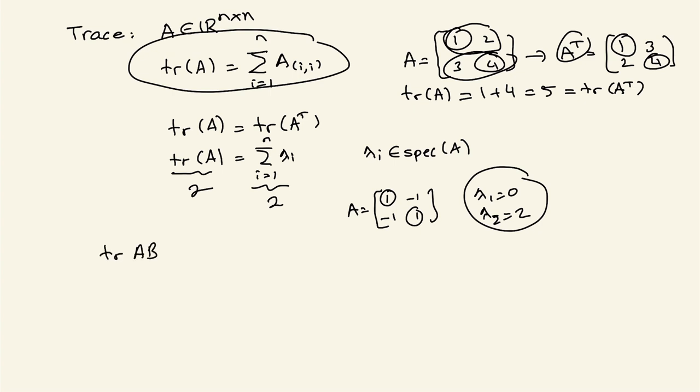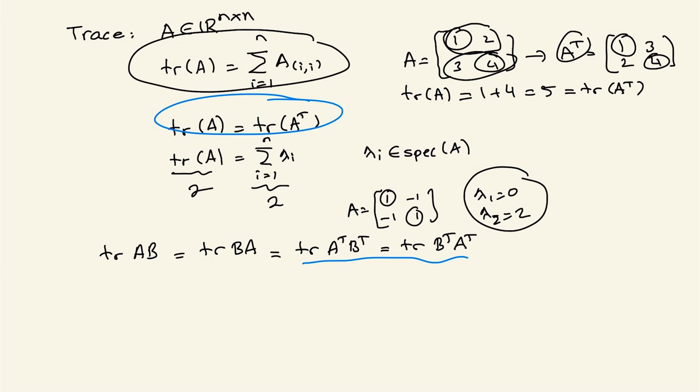Two important properties about trace that we see from time to time. Trace of AB equals trace of BA, where A and B are some matrices of compatible dimension, which equals trace of A transpose B transpose, which equals trace of B transpose A transpose. This part actually comes from here. Basically, trace of AB must equal trace of (AB) transpose.